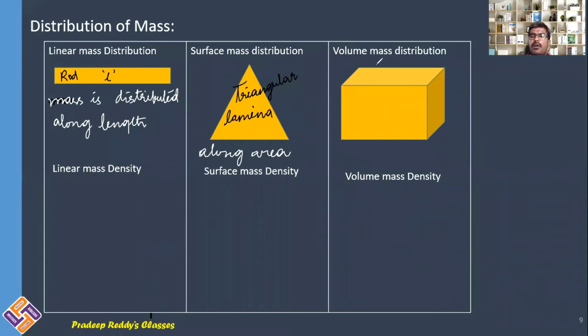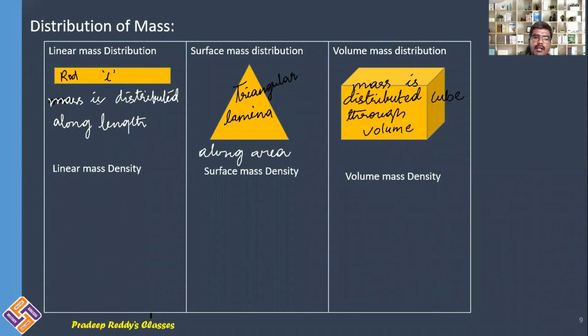And the next is volume mass distribution, where mass is distributed throughout the volume. This is a cube. Mass is distributed three-dimensionally. In the first case, it is only one-dimensional, in the second case it will be two-dimensional, and in the third case it will be three-dimensional.